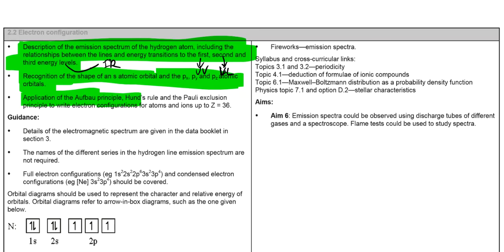Hund's rule is the idea about orbitals. Remember how I said S has one orbital, P has three orbitals, etc.? Each of these orbitals can hold two electrons, and we represent them like this. Hund's rule says electrons prefer to be singly occupied in preference to being doubly occupied.